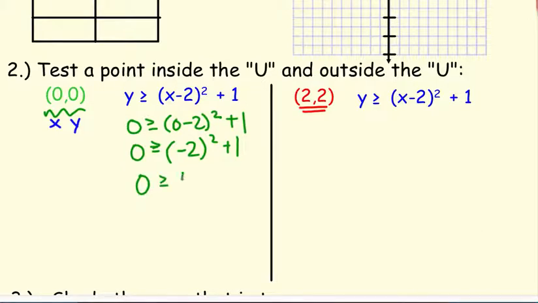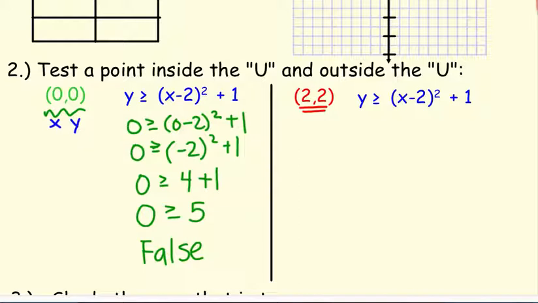Negative 2 times negative 2 is positive 4. 4 plus 1 is 5. Now read the inequality. Is 0 greater than or equal to 5? No, that is false. So every ordered pair outside of the parabola should be false. It's not a solution to this quadratic inequality.